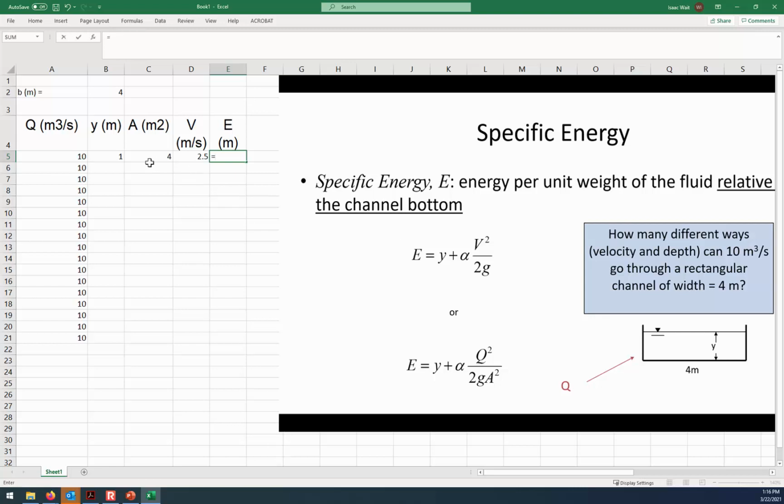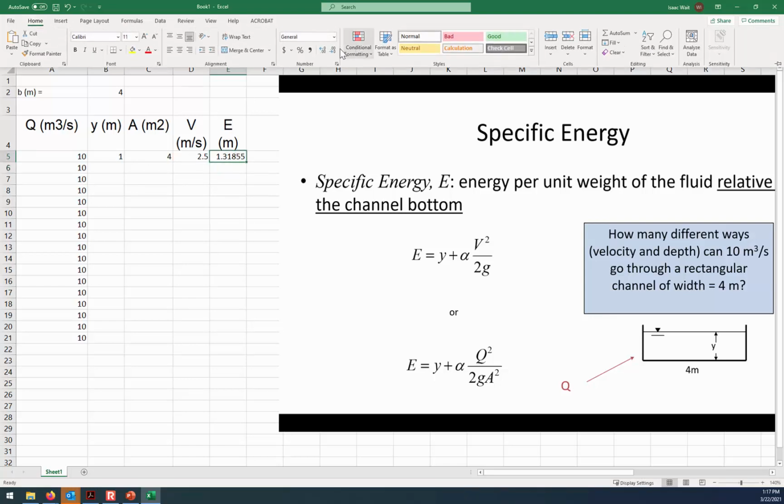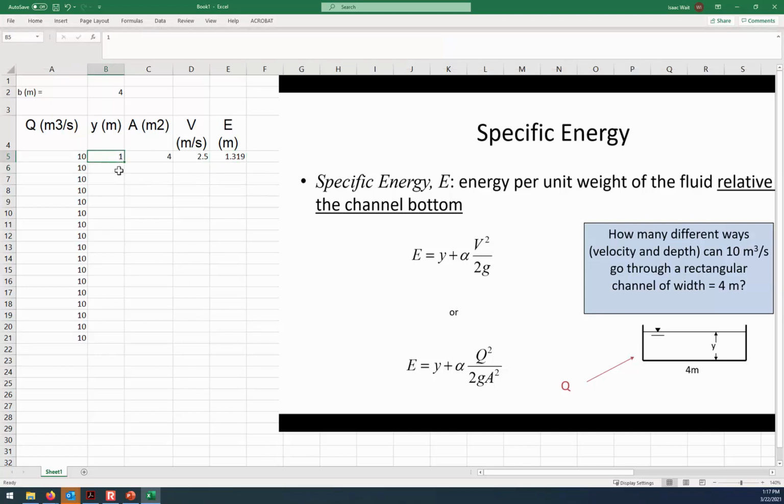It is the depth, y, plus, I'm going to ignore alpha, velocity squared divided by 2 times g, 9.81. Okay, so this is how much specific energy there is if the depth is 1.